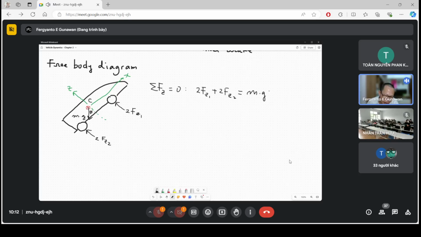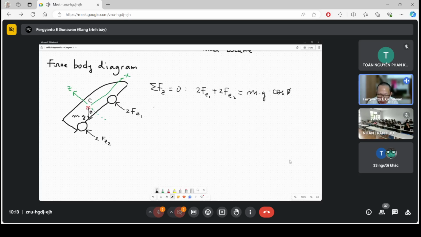This one is a sine, so this one is a cosine phi.